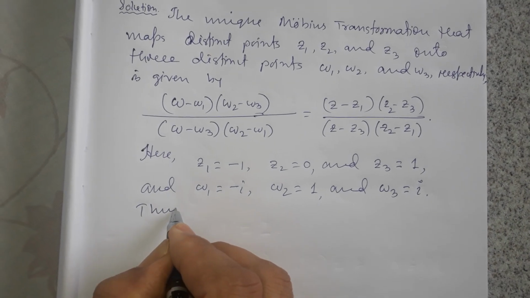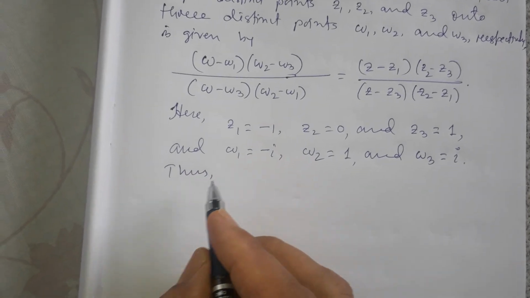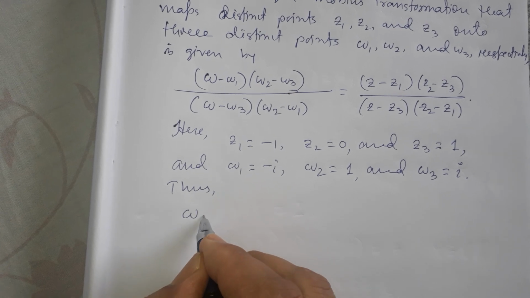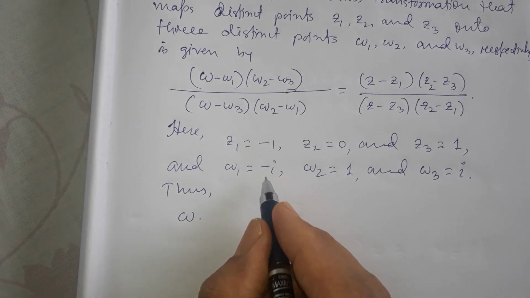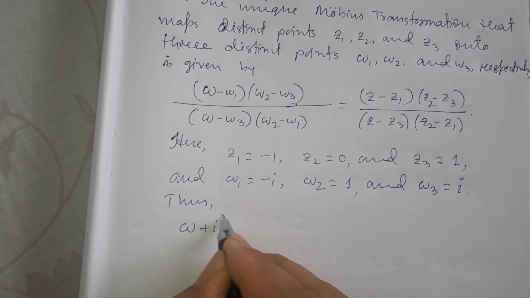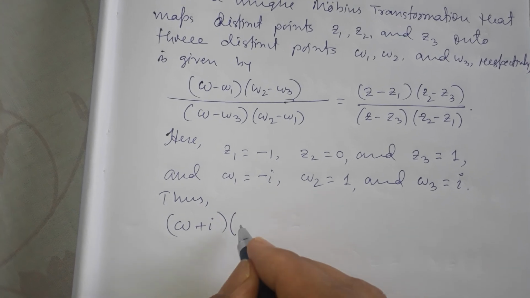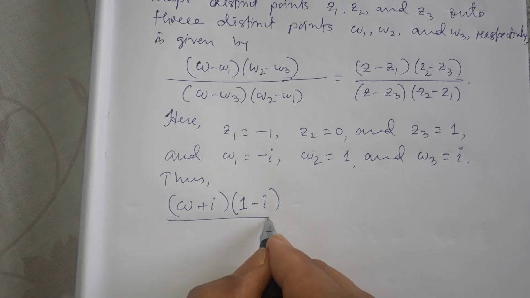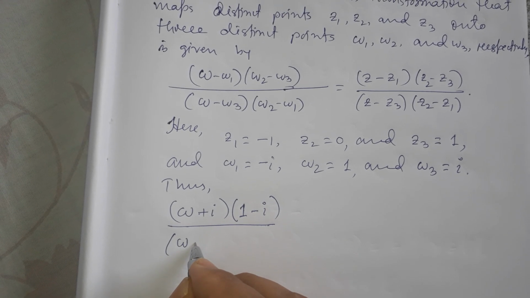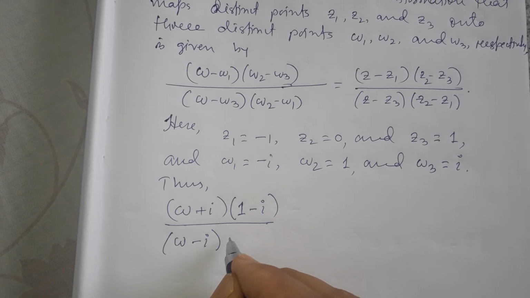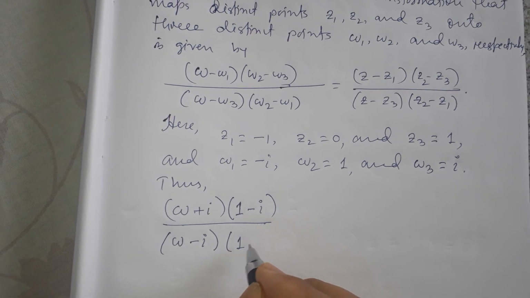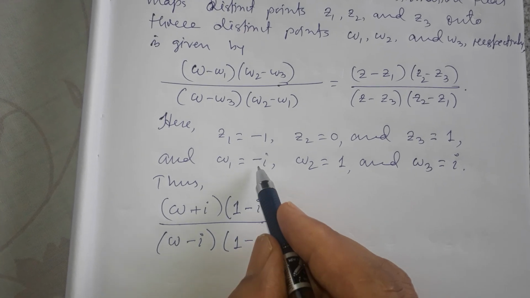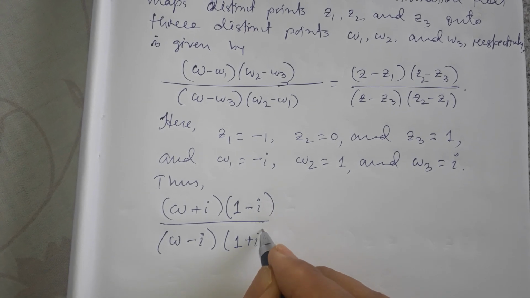So thus we have, w minus w1 is w minus (-i), so it is w plus i, then w2 is 1 minus w3 is i, and w minus w3 is w minus i, then w2 is 1 minus w1 is minus (-i), so it is 1 plus i.